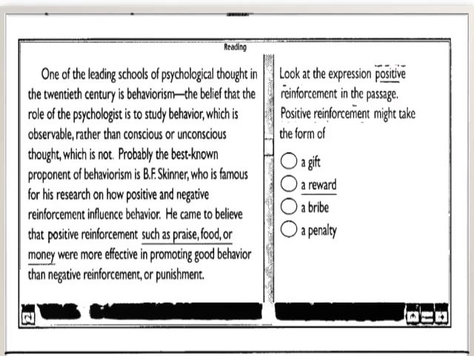Now another question. The expression positive reinforcement in the passage means what? Now we will go to positive reinforcement. Here it is. Now after positive reinforcement, we have such as.